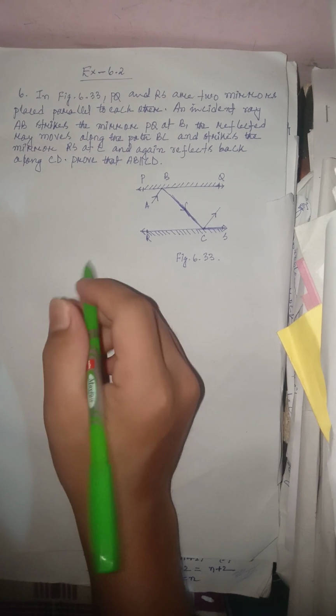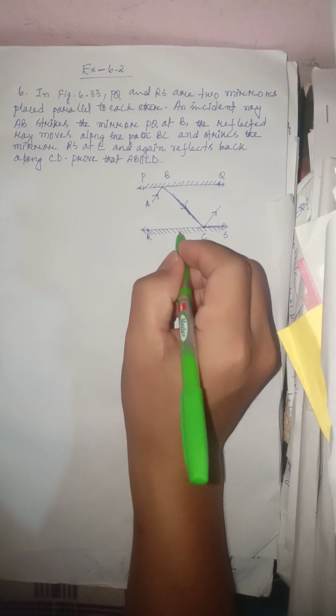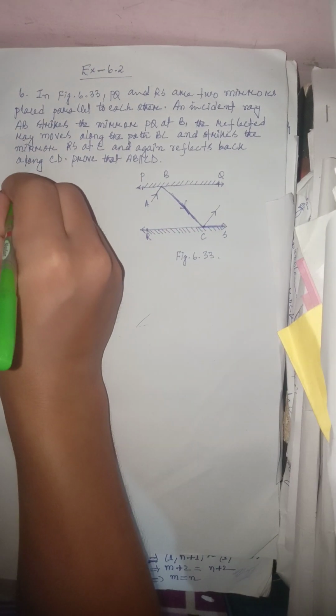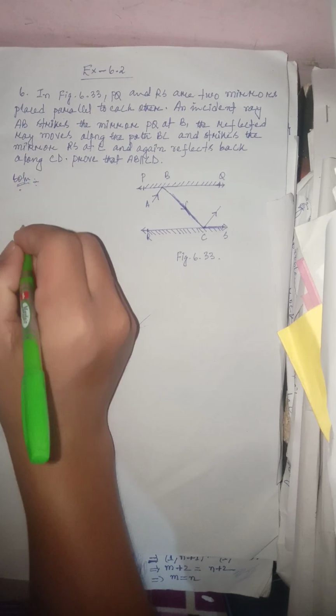This is what we need to do in this question. Here we are given a figure which we have drawn. Now without wasting much of our time, let us start from here.